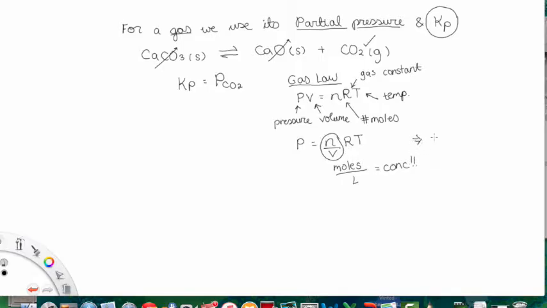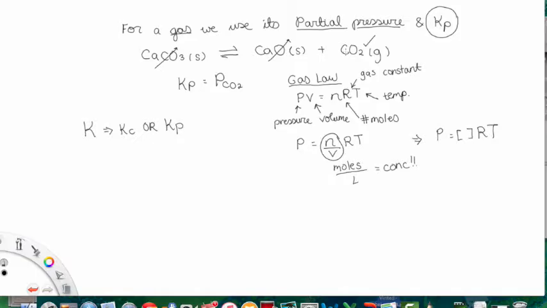So we can rewrite the pressure as concentration multiplied by RT. Often K, just big K, the equilibrium constant in general, can be used to represent both Kc or Kp, depending on whether you're looking at the equilibrium constant for aqueous solutions or gaseous solutions.